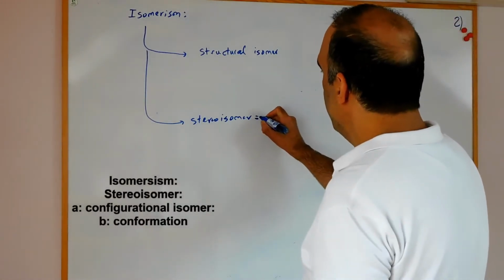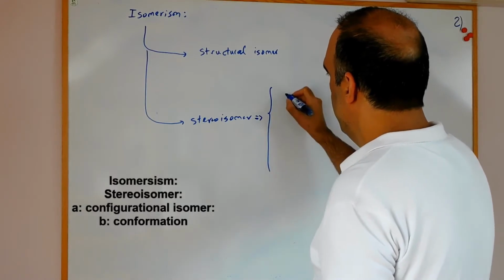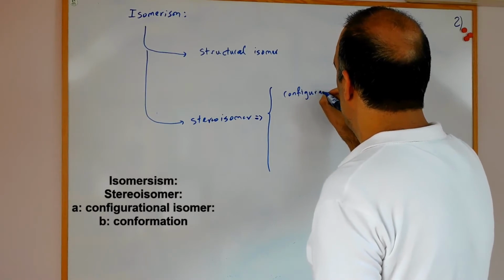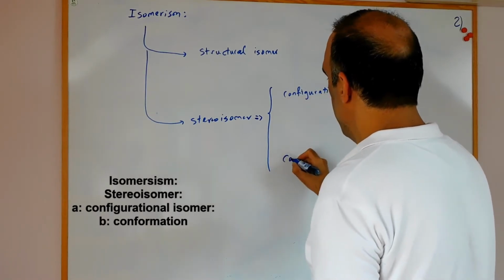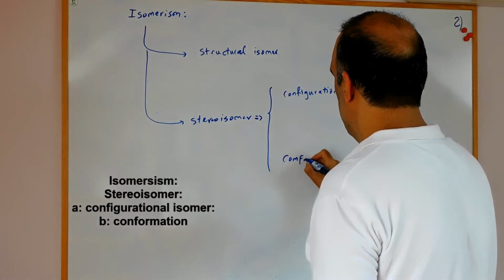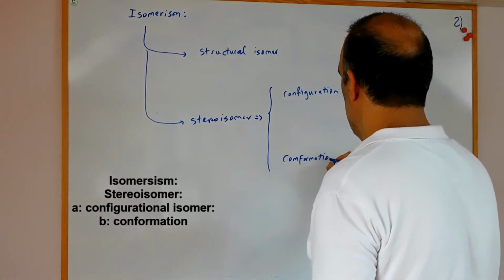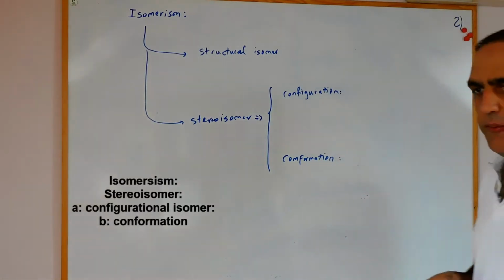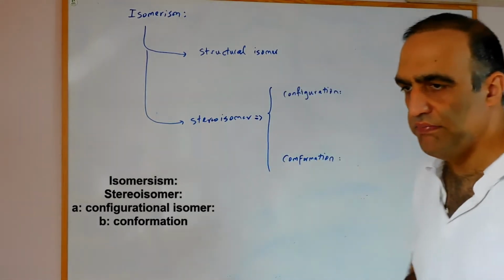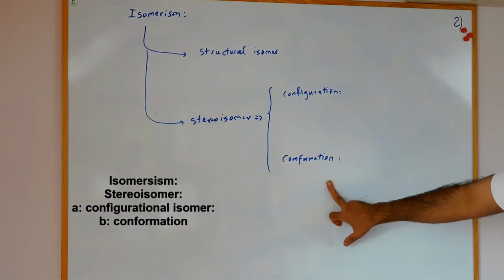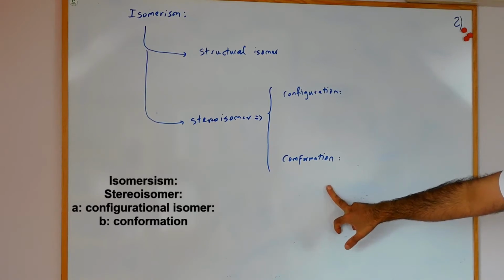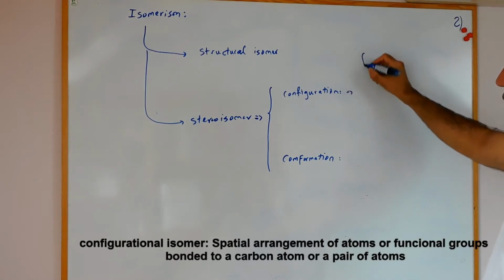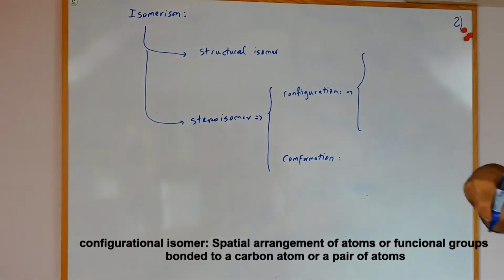A stereoisomer can be divided into two groups, configuration and conformation. And the configuration can be divided into two groups, geometrical and optical.